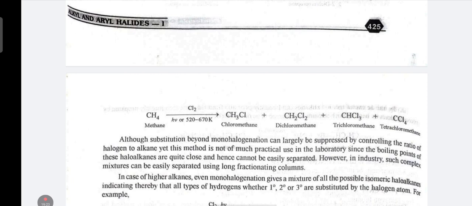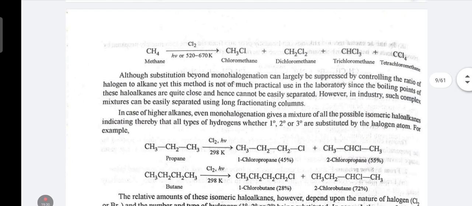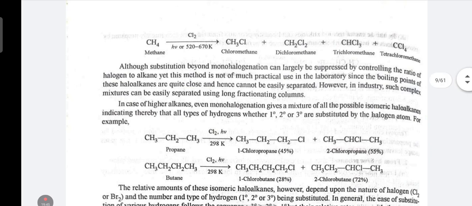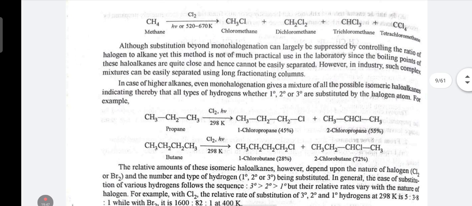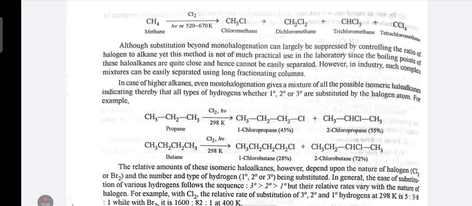Although substitution beyond monohalogenation can largely be suppressed by controlling the ratio of halogen to alkane, yet this method is not of much practical use in the laboratory, since the boiling points of these haloalkanes are quite close, hence they cannot be easily separated.